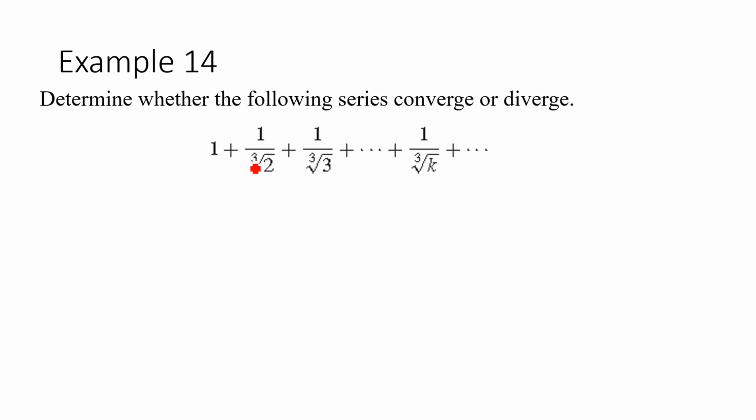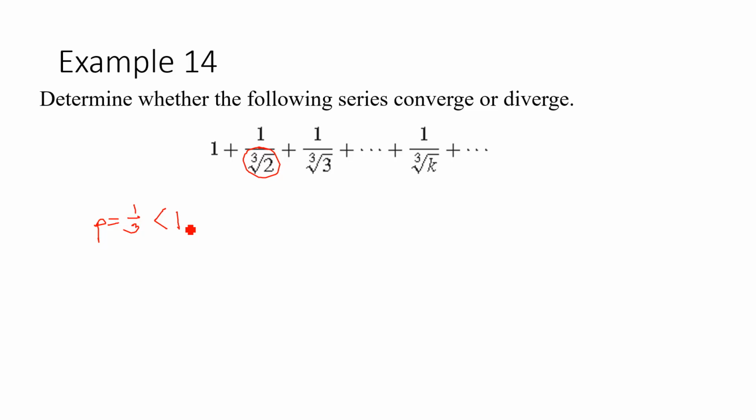The index here is one third, so our p is equal to one third, which is less than 1. Since p is less than 1 but greater than 0, the series diverges.